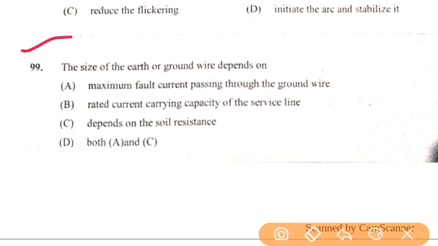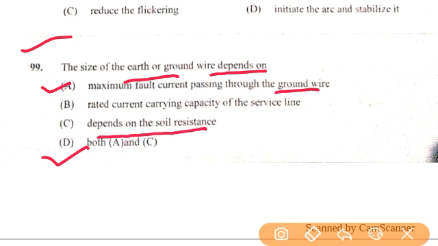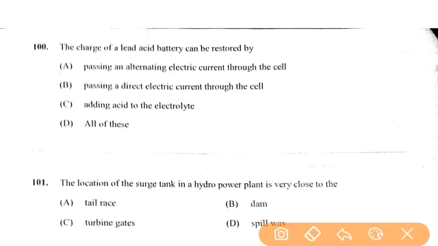In the next question, the size of earth or ground wire depends on both A and C, that is on the maximum fault current passing through the ground wire and on the soil resistance. In the next question, the charge of a lead acid battery can be restored by adding acid to the electrolyte.